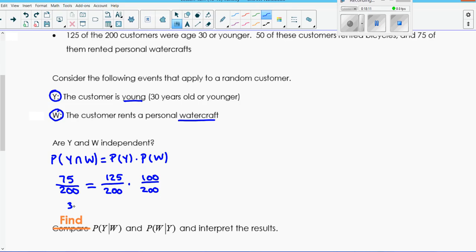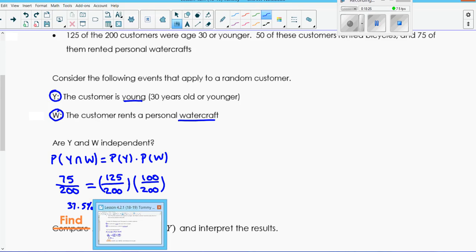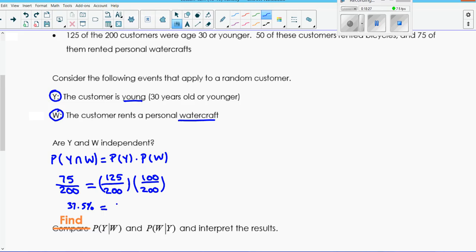So this is 37.5%, and if I multiply these two together in your calculator, make sure that you put parentheses around them, you are going to get 31.25%. Okay, those are not within 1%. Those are almost 6%. Well, a little bit more than 6% apart, so they are not equal. If they are not equal, that means that they are dependent events.